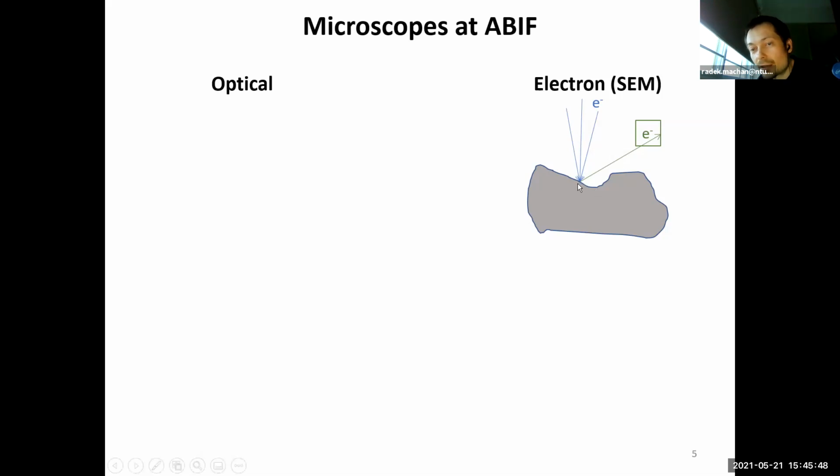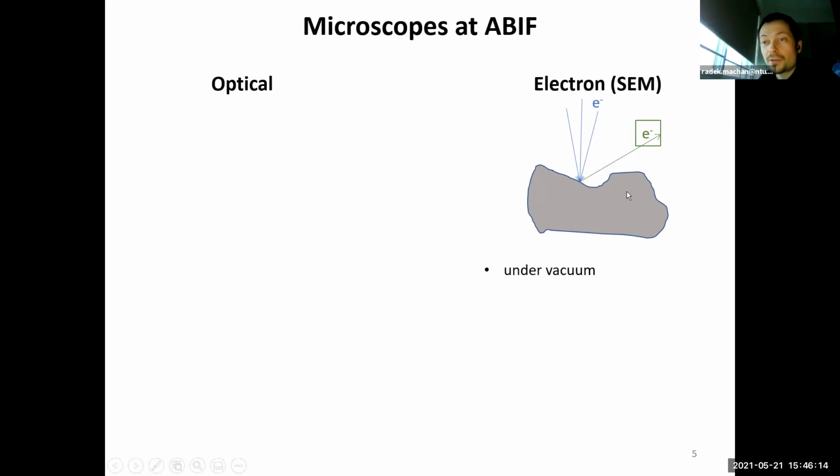So when the primary electron beam hits atoms and molecules in the sample, it can kick out some of their electrons from their orbits. Those are the secondary electrons which are then detected as the source of signal.